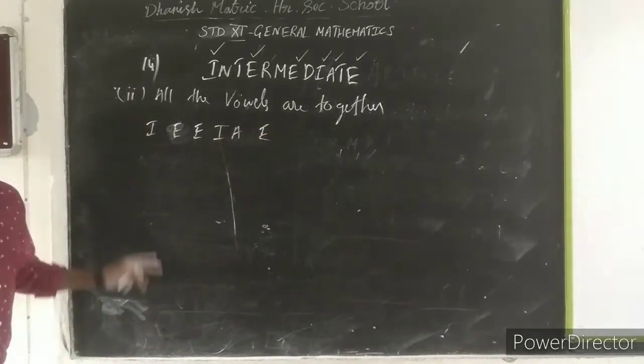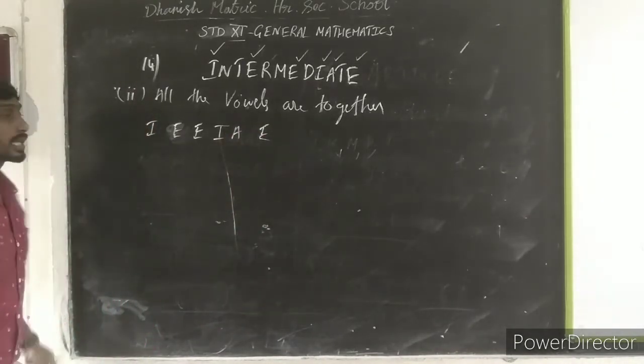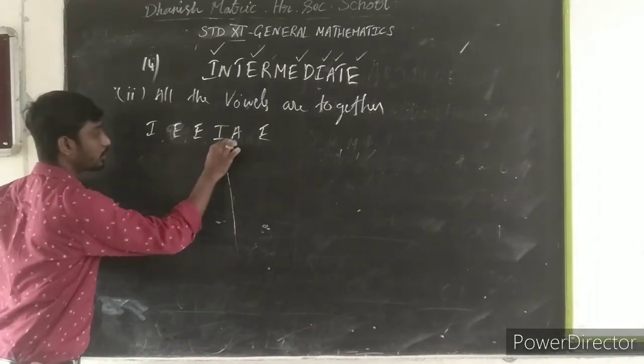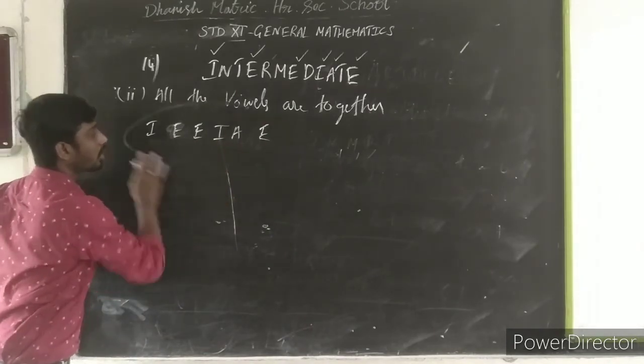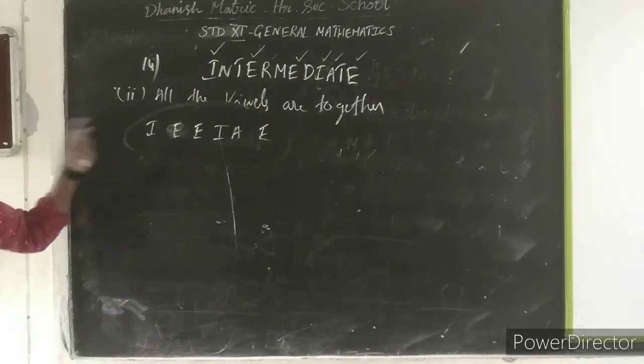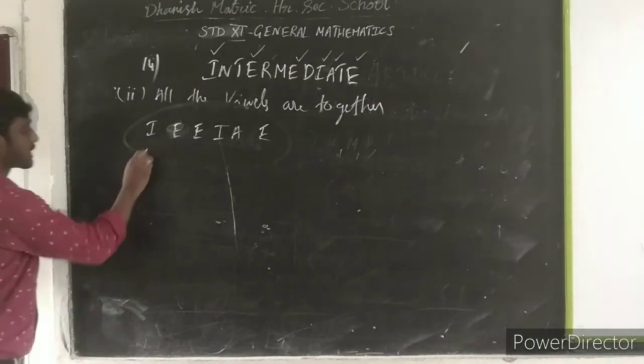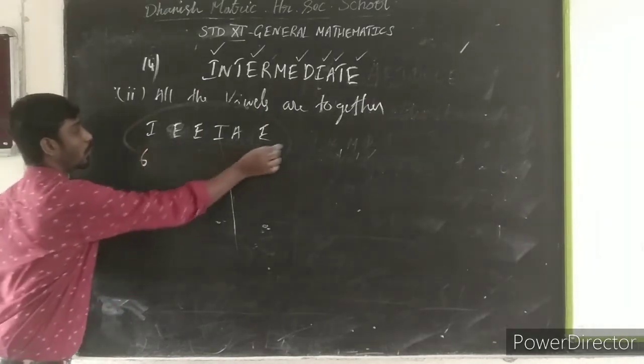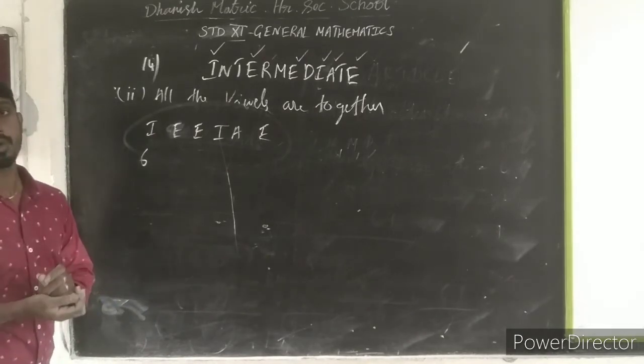So listen here. All the vowels are together means there is no need to put comma here. They are all one. So total number of vowels here, that is 6. The total value will be that we consider like a 1 here.